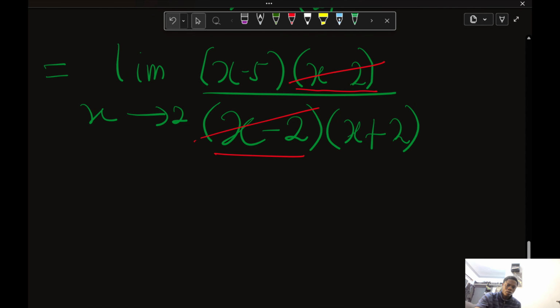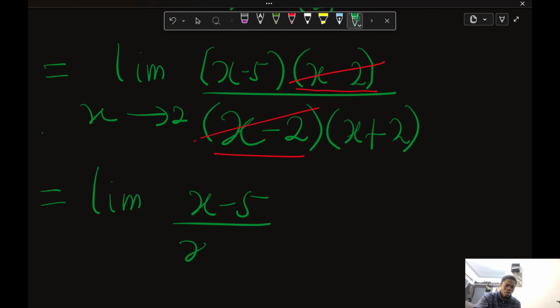We are now left with the limit of x minus 5 divided by x plus 2 as x approaches 2.